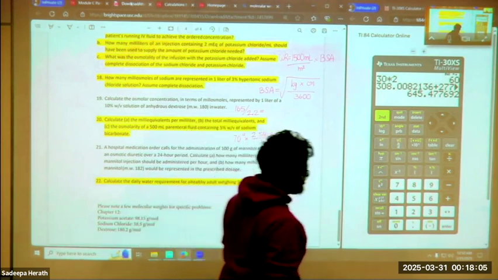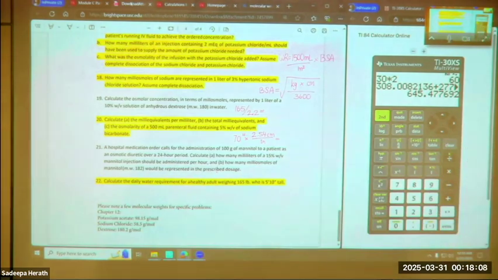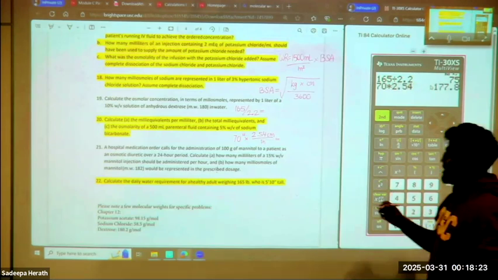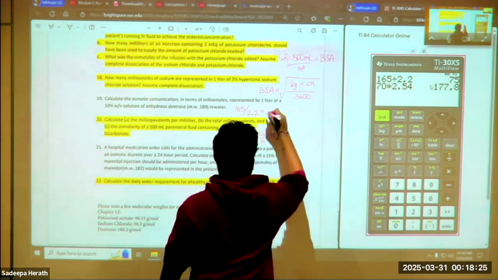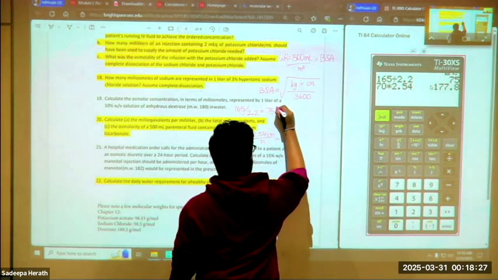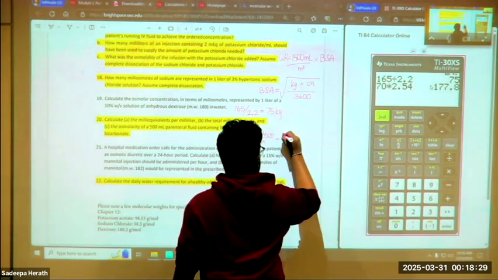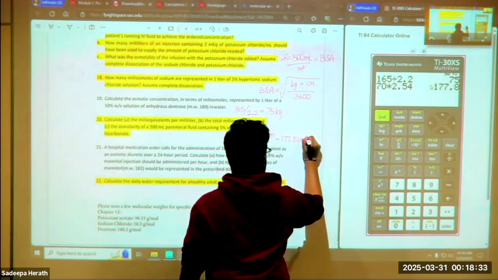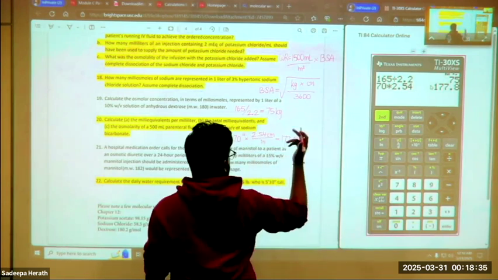So let's get right into it. 165 divided by 2.2, 75 kilograms. 70 times 2.54, 177.8 centimeters. 75 kilograms, 177.8 centimeters. So plug and chug.